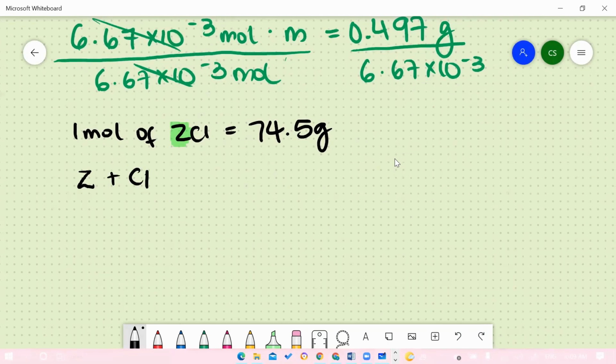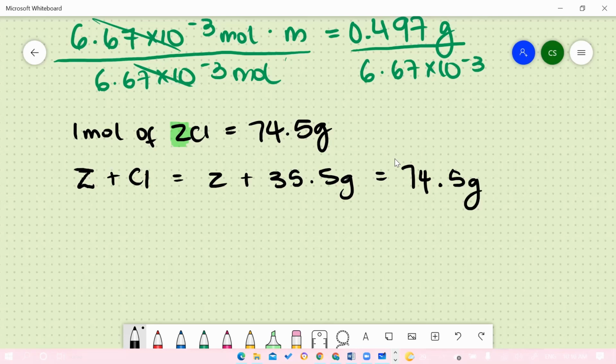You know the mass of Cl, so you could subtract the mass of Cl from the 74.5 grams to find out what Z would be. So the molar mass is the mass of Z, which we don't know, plus the mass of the chlorine atom, 35.5 grams, and all of that would be equal to 74.5 grams. Seeing that?